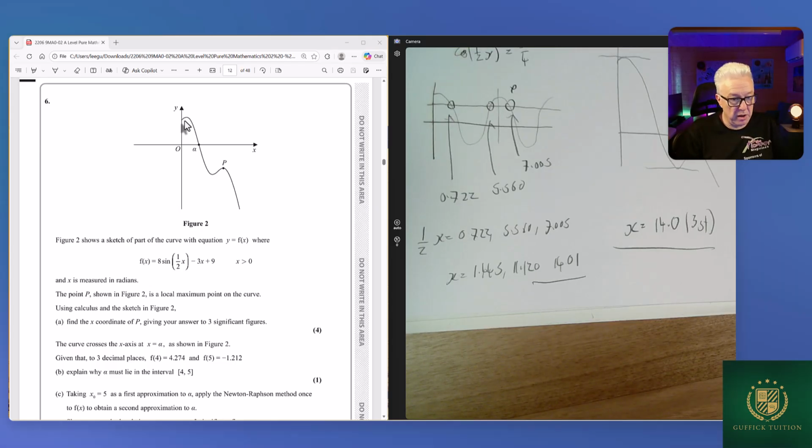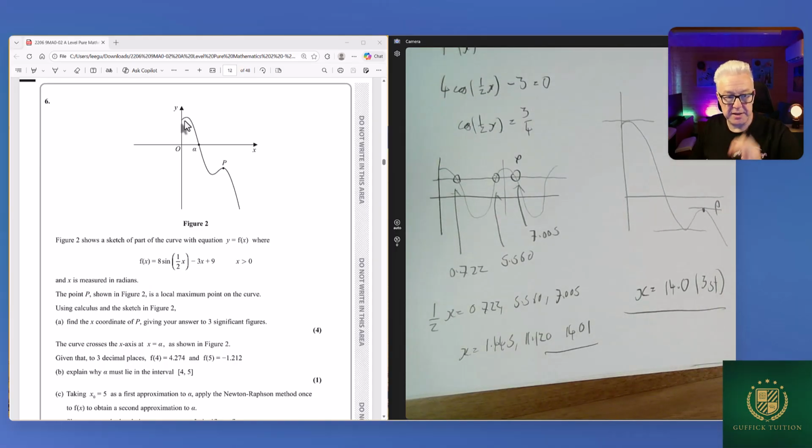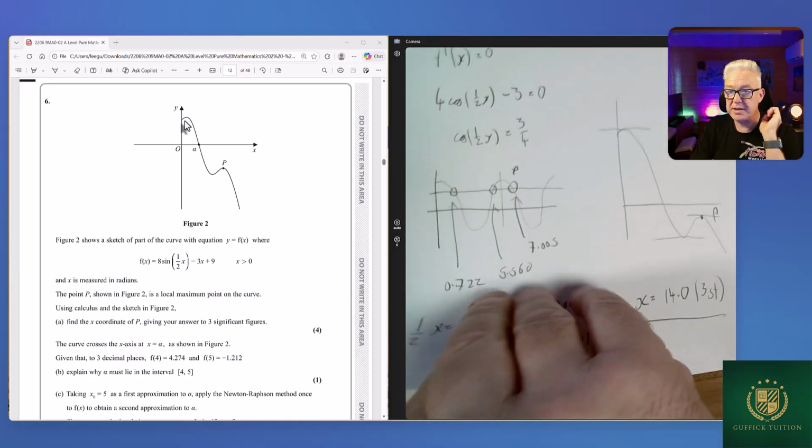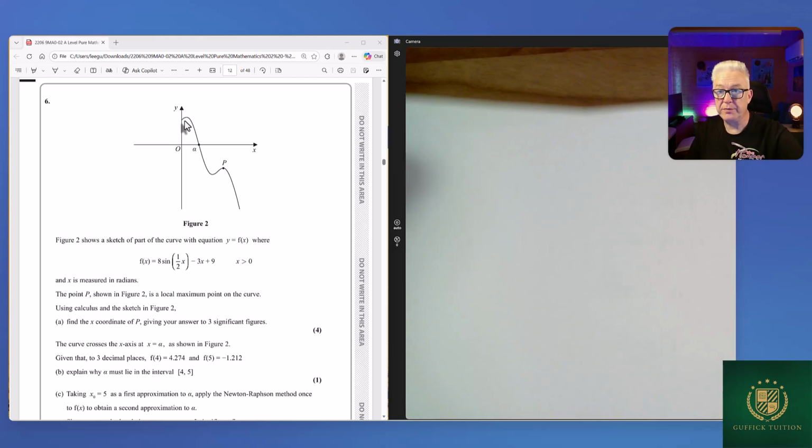Now, the curve crosses the x-axis at alpha as shown in figure 2. Given that to 3 decimal places, f of 4 is equal to that value and f of 5 is equal to that value, explain why alpha must lie in the interval between 4 and 5 for 1 mark. Well, you can see that we have a change of sign in that interval. Okay, and the curve is continuous.